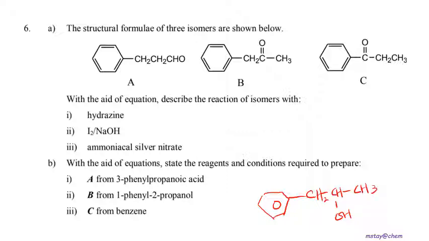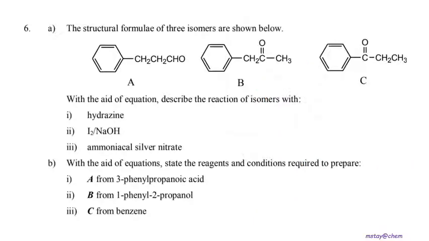This one is the secondary alcohol, and this is the ketone. So I think we can do it in one step, from secondary alcohol to ketone, through the process of oxidation. Therefore, we can use hot acidified KMnO4.